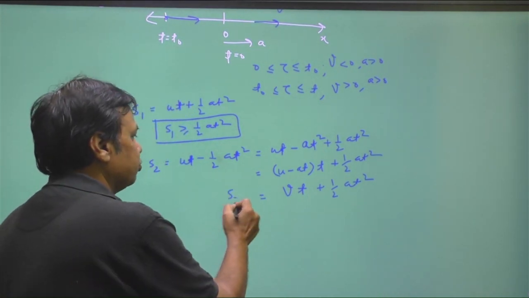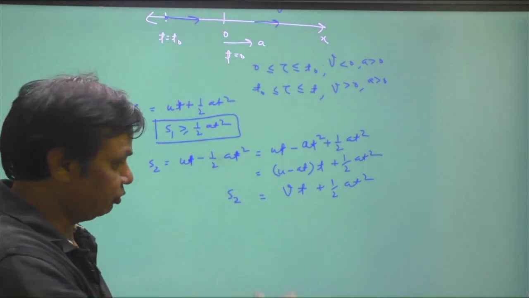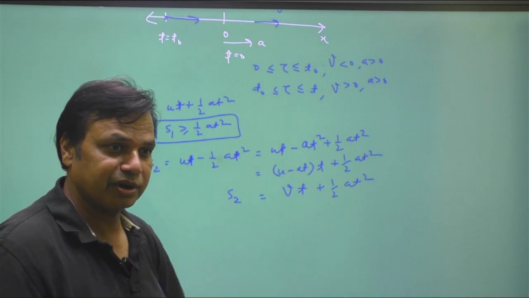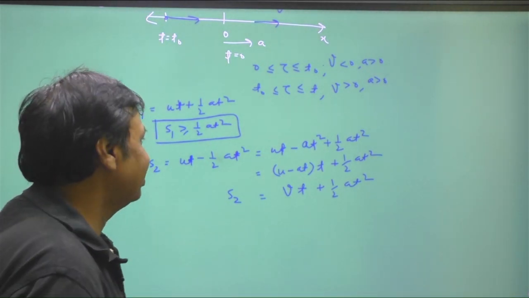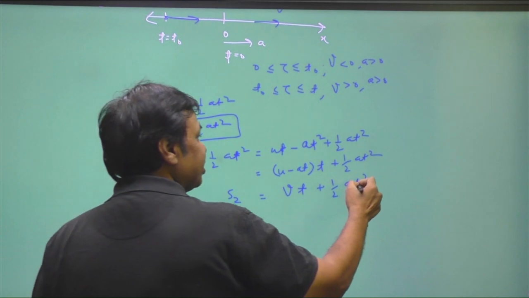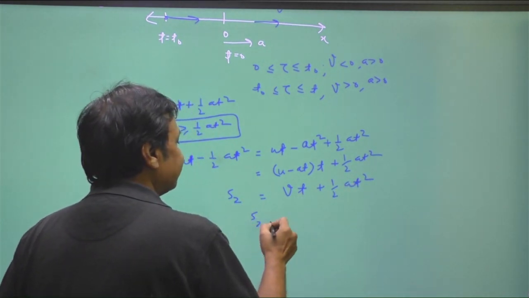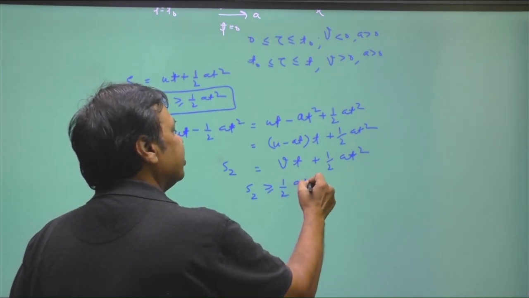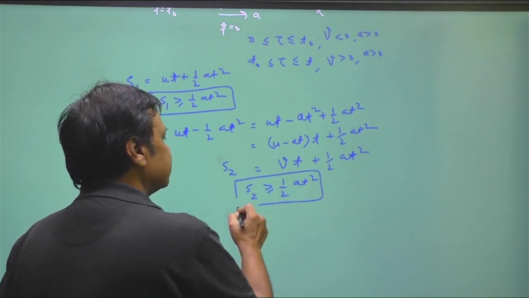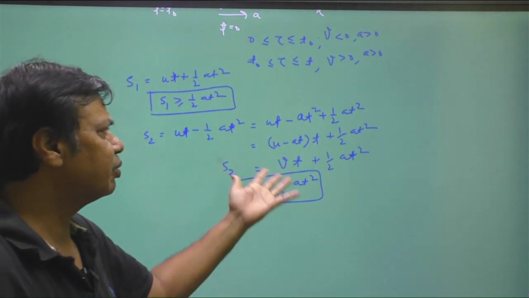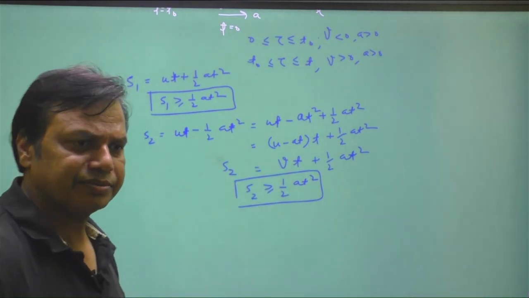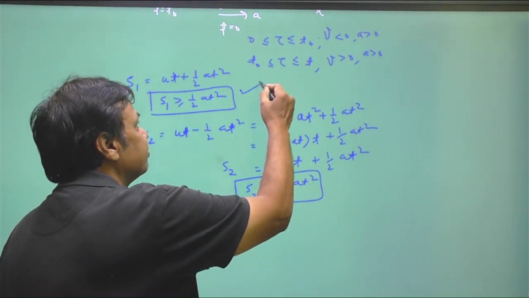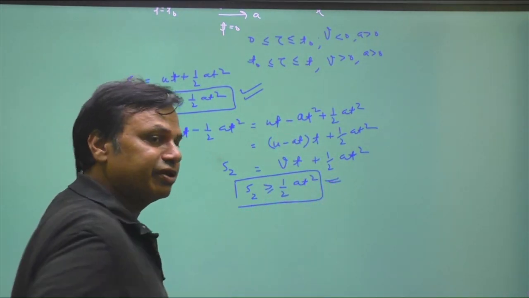So S2 all in this direction should be taken as positive, and I wrote something like that. And mathematically we know that S2 is also greater than or equal to half at square. Equal to half at square when V is equal to 0. Otherwise S2 is greater than half at square. So these two conditions reveal the same results.